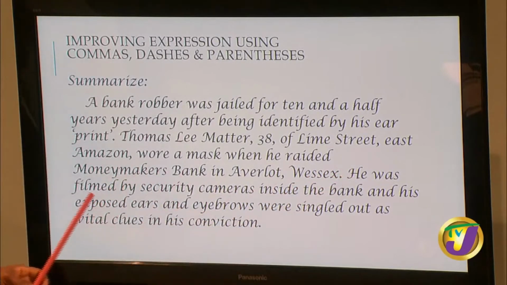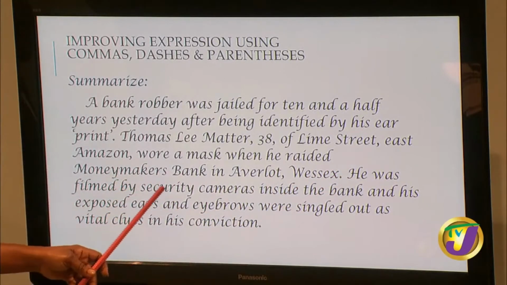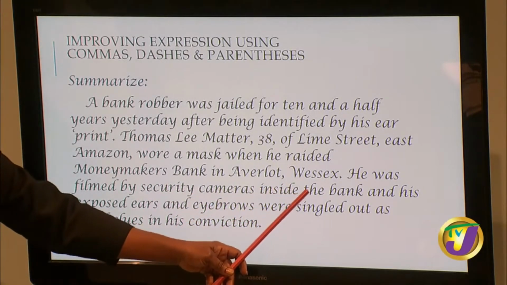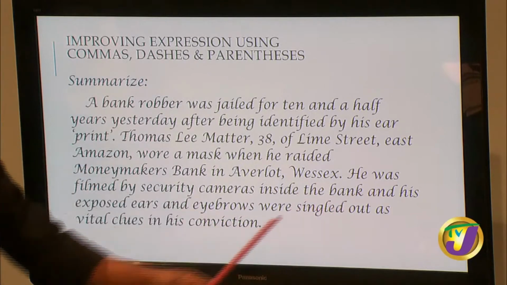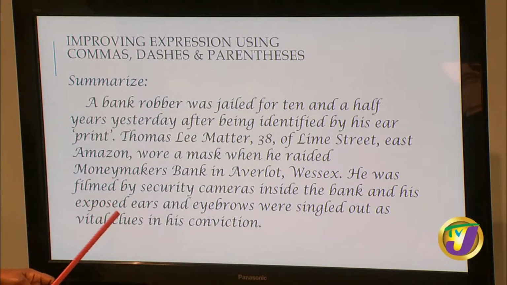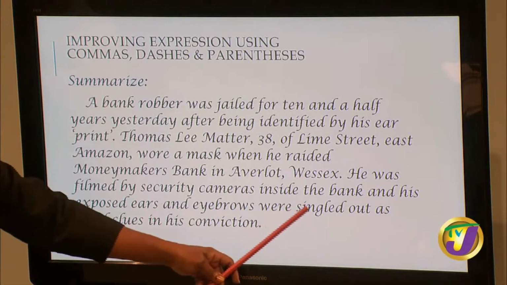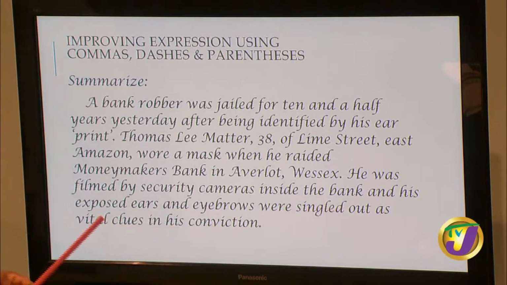He was filmed by security cameras inside the bank, and his exposed ears and eyebrows were singled out as vital clues in his conviction.